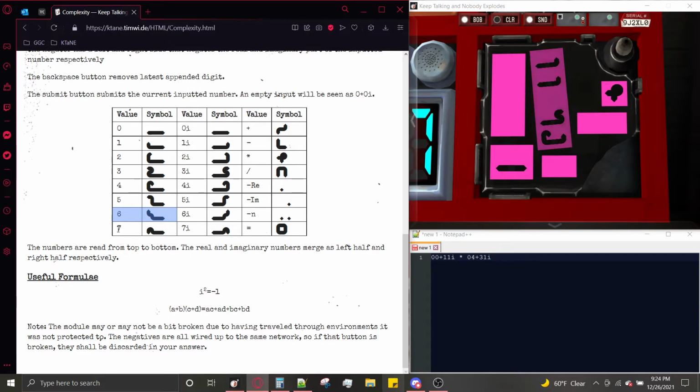So 7 is the highest value that the display cannot reach, meaning the left number is in base 7, which applies to the 0, 0 and the 0, 4. So we know that 0, 0 in base 7 is just 0, and 0, 4 in base 7 is just 4.